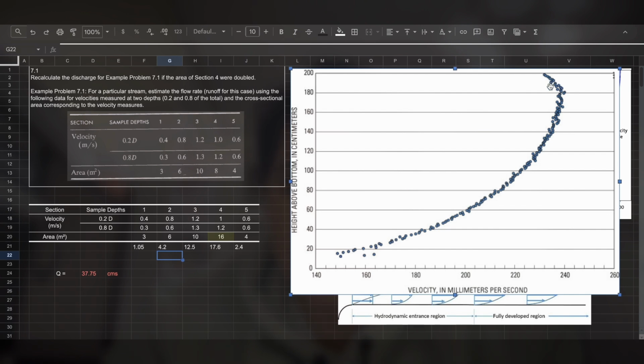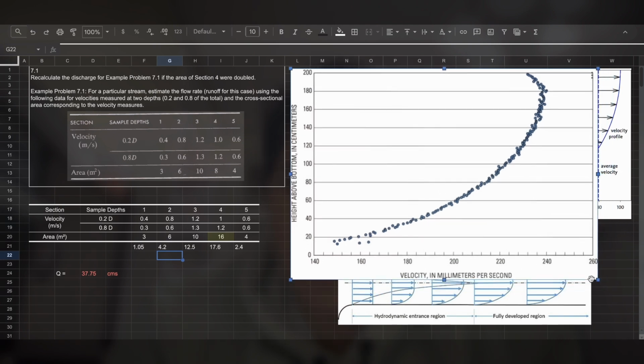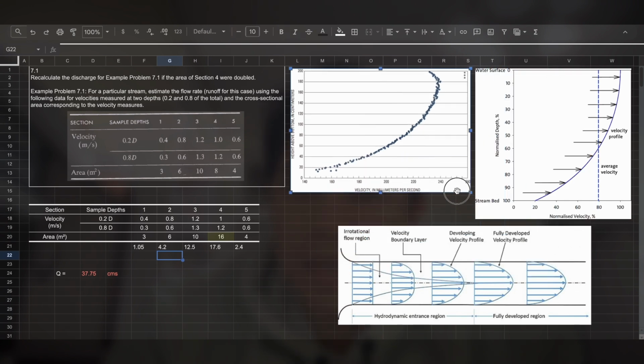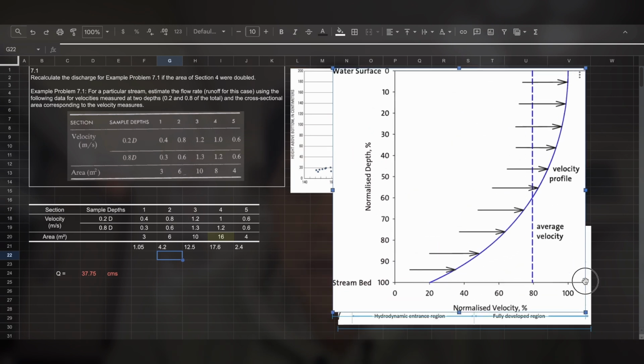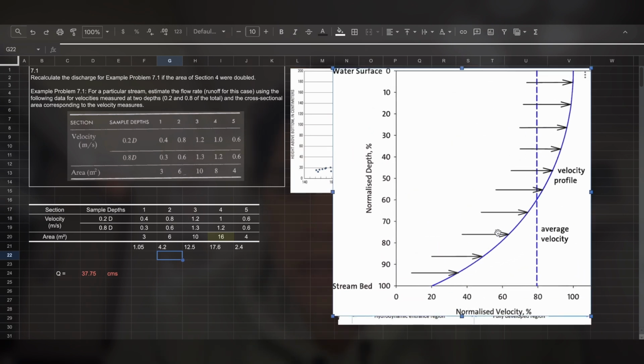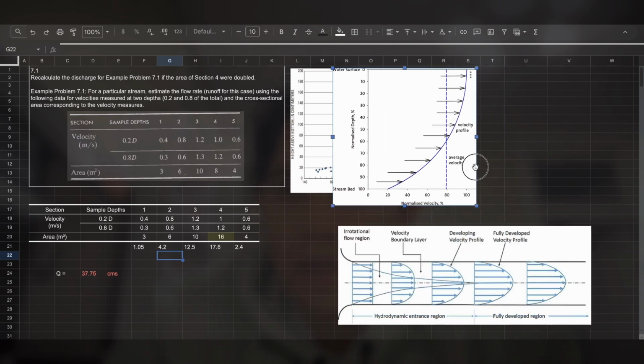There is less friction. So this is the shape that the velocity of the water forms when you take data values at each depth, and it can be generalized by this graph right here. It's a rough approximation of the velocity of the water flowing downstream, in this case from left to right. This is seeing it from the side.